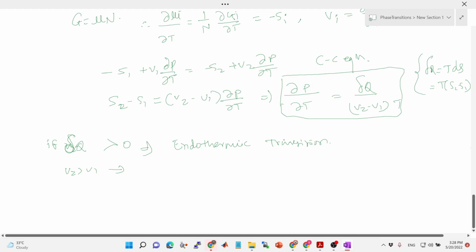That means when pressure increases, the temperature also increases. Or you can say the temperature increases with pressure.